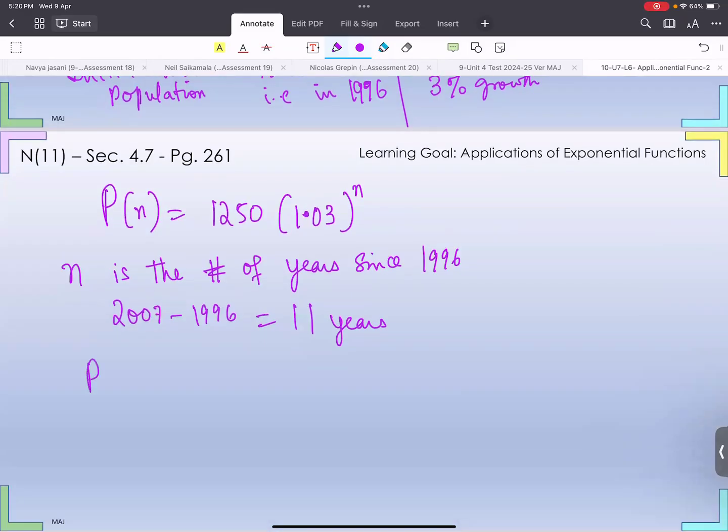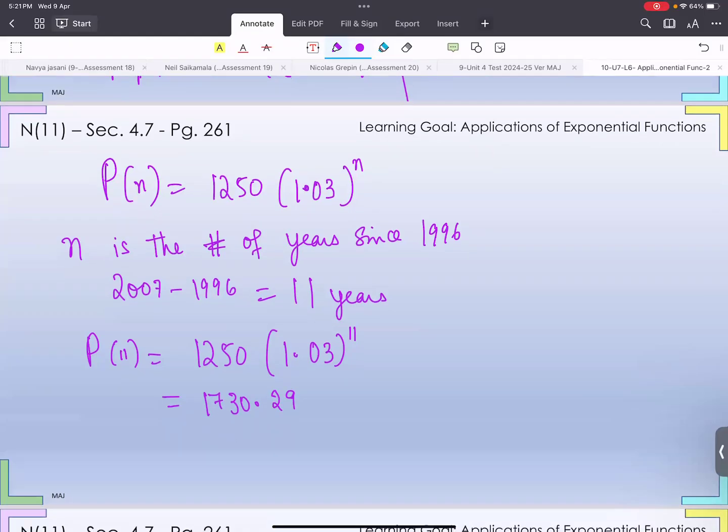So then you have to say the population P of n, or in this case P of 11, is 1250 times 1.03 to the power of 11. So put that into your calculator. Which is 1,730.29 people. Okay.